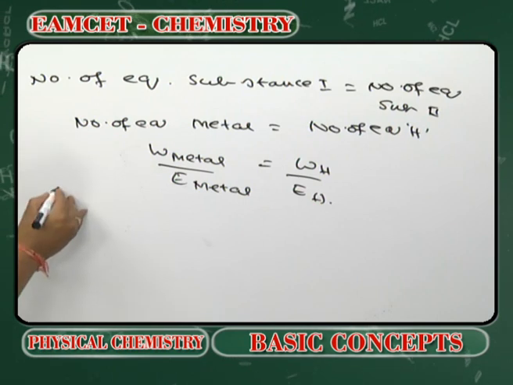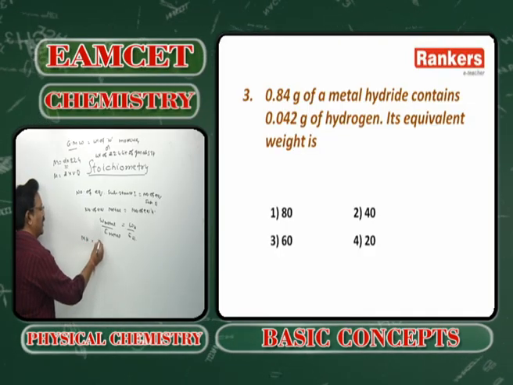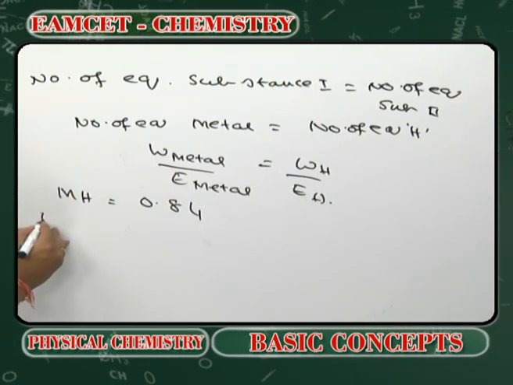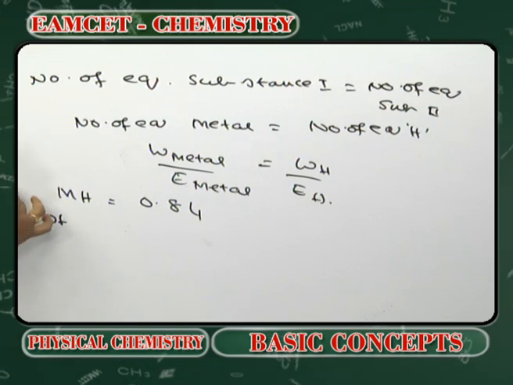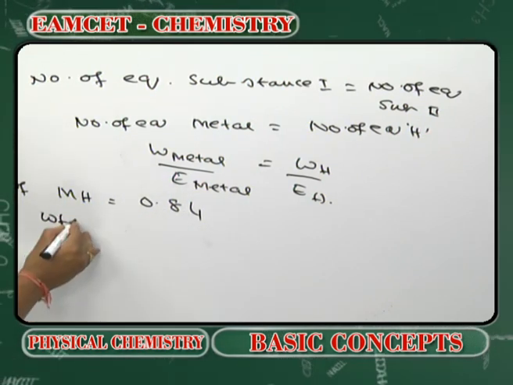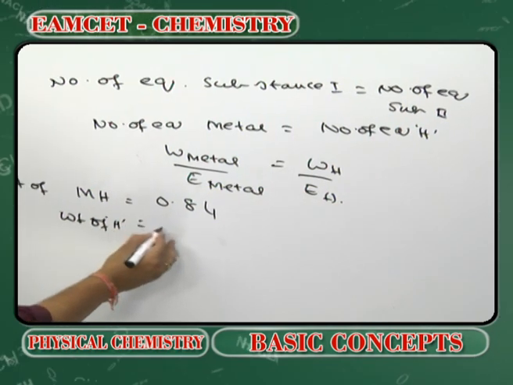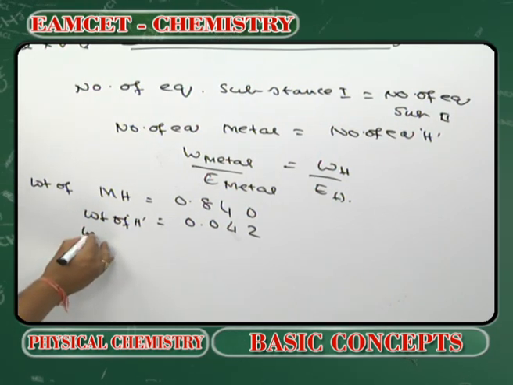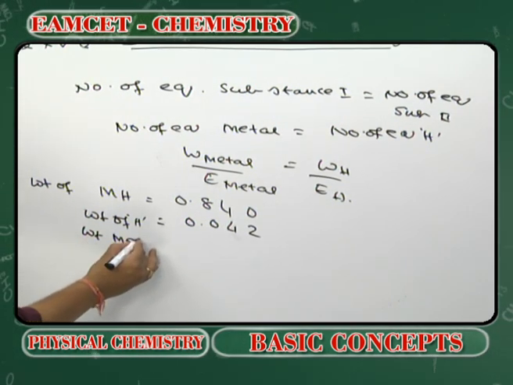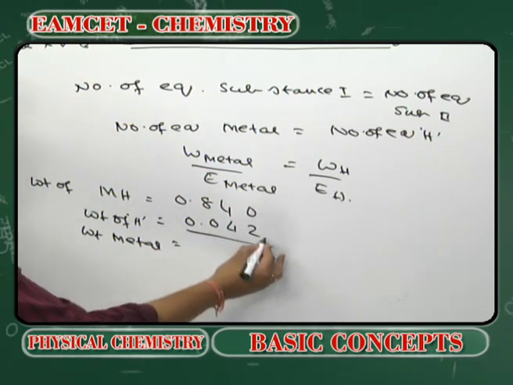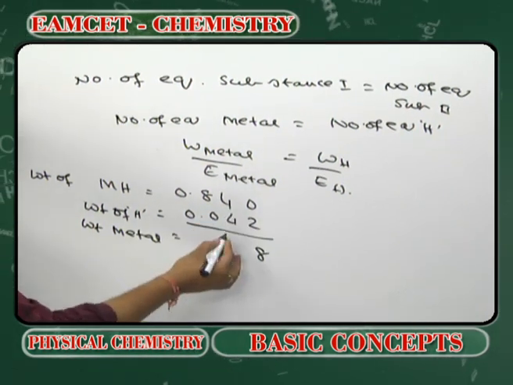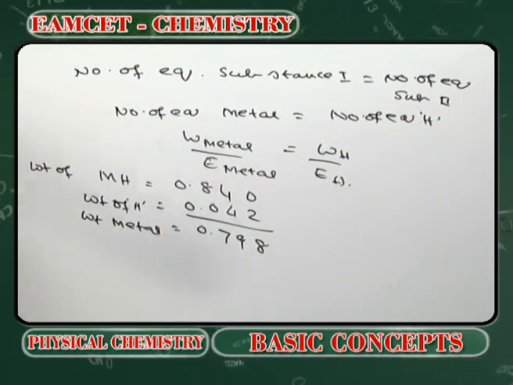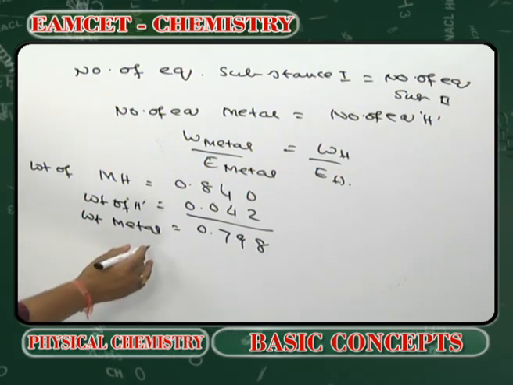The total metal hydride weight is 0.84 grams. The weight of the hydrogen given is 0.042. Then the weight of the metal is obtained by subtracting it, which is 0.798. This is the weight of the metal.